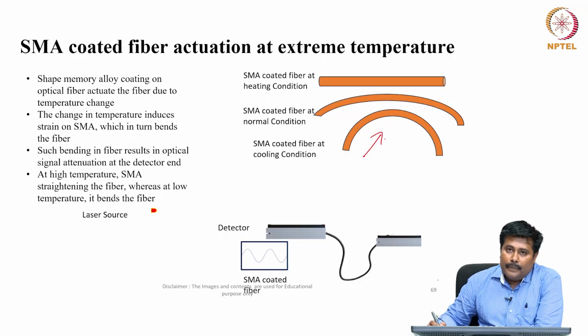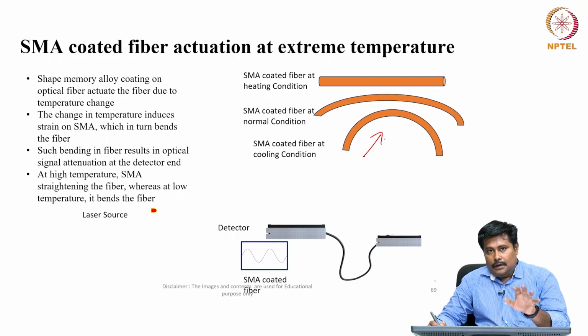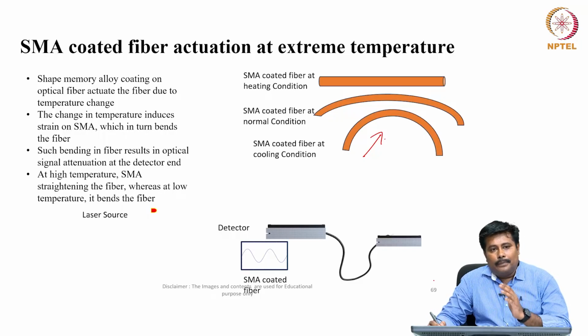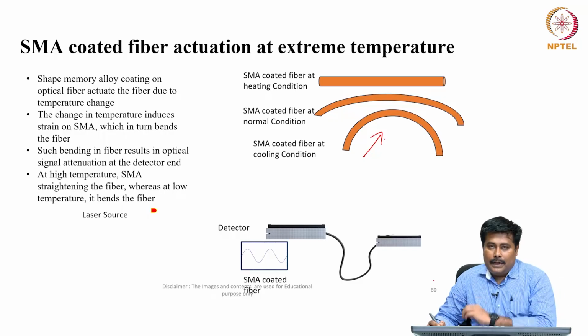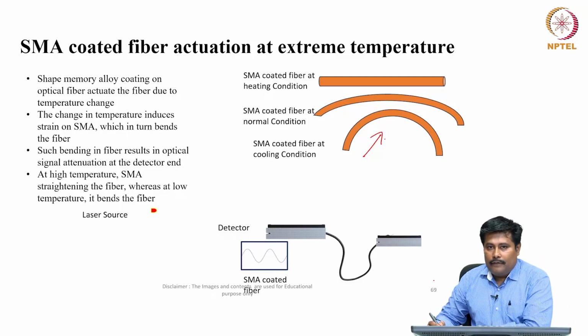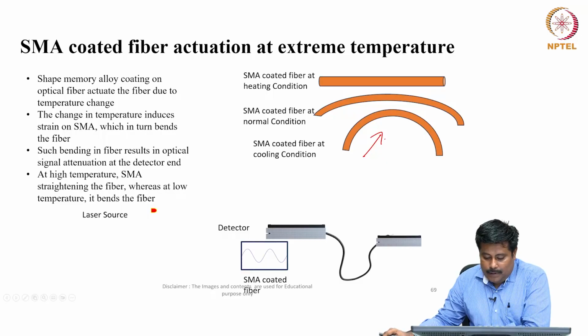So, we have seen a lot of functionality of a shape memory alloy. This is quite encashing the shape memory alloy as a sensing behavior. Shape memory alloy sensing behavior with reference to low and high temperature conditions has been investigated by depositing these shape memory alloys on an optical fiber and appropriately sensing the behavior of it.